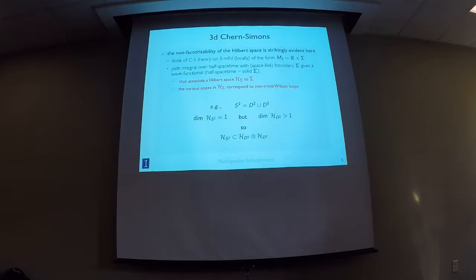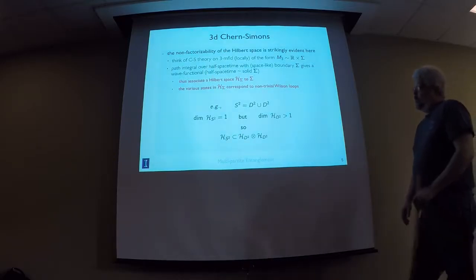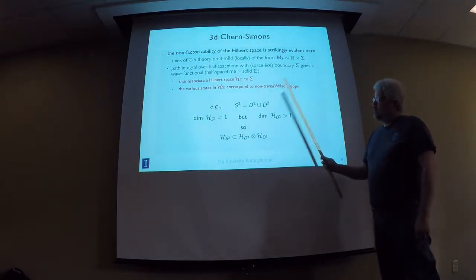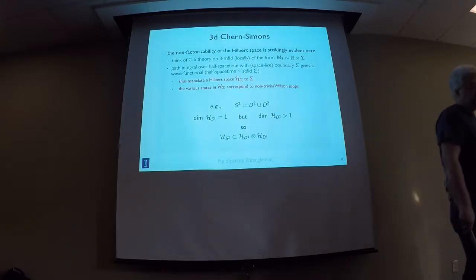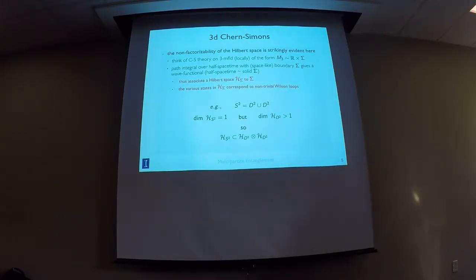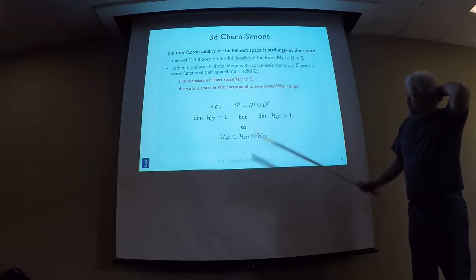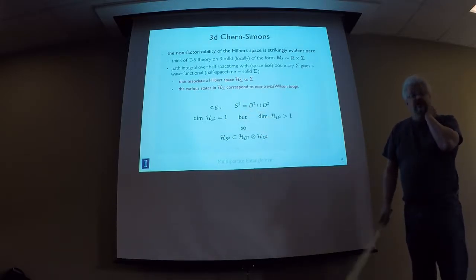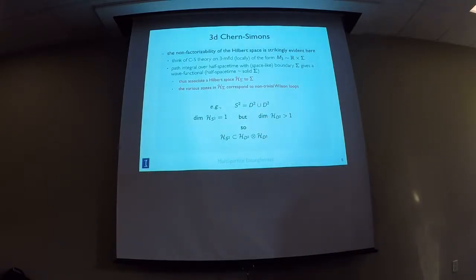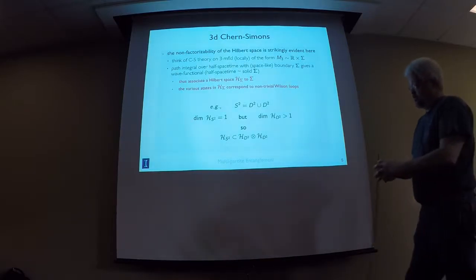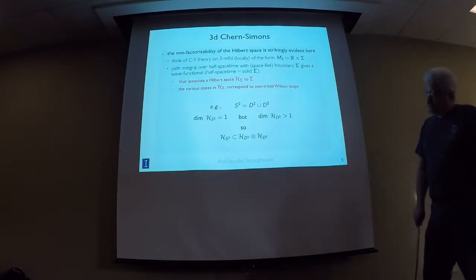And the various states in that Hilbert space are given by looking at non-trivial Wilson loops in that space-time. An example of this non-factorizability is, if you take space to be a two-sphere, then you can think about cutting that in half, cutting the sphere into two disks glued along their edges.